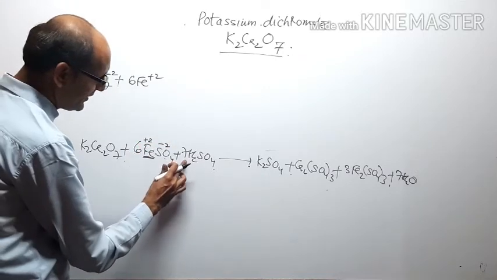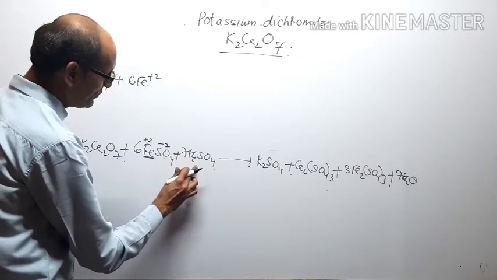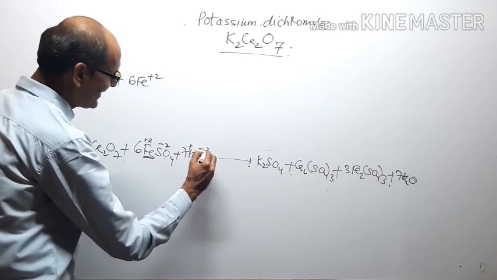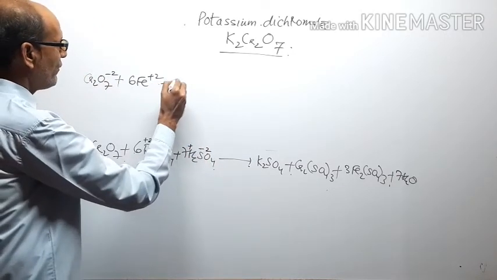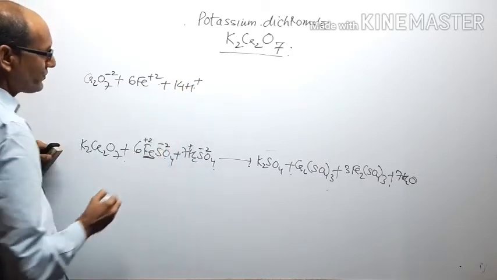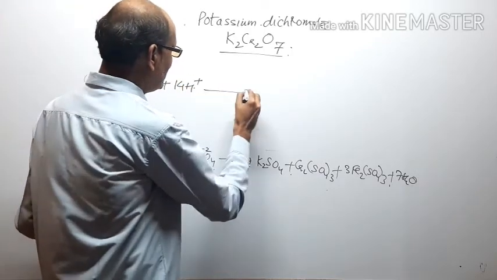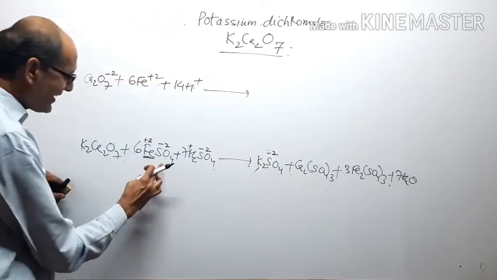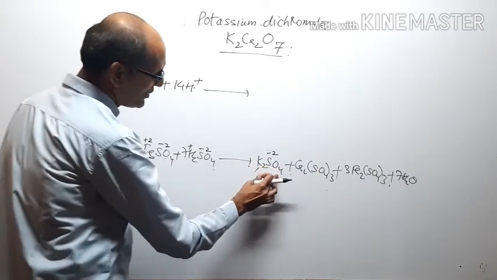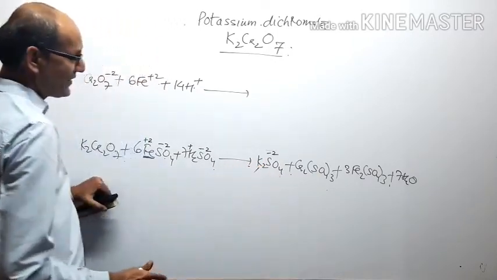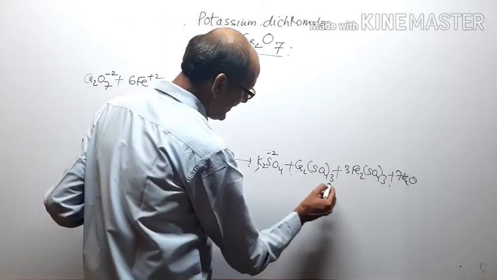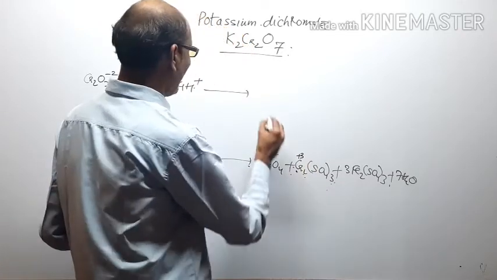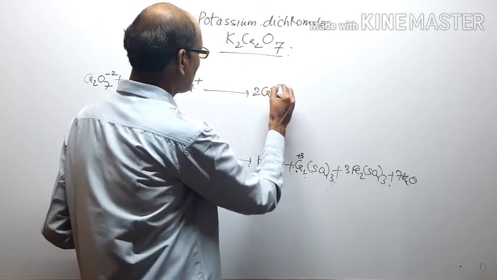Now this is 7H2, that means 14H+. It contains positive charge and sulfate contains -2 charge. So we can write 14H+. Now see, this side +1 we have to remove, and SO4 2-. Both sides have sulfate with -2 charge, so sulfate we can remove. And this is Cr, its oxidation state is 3 and there are 2 Cr, so we can write 2Cr3+.